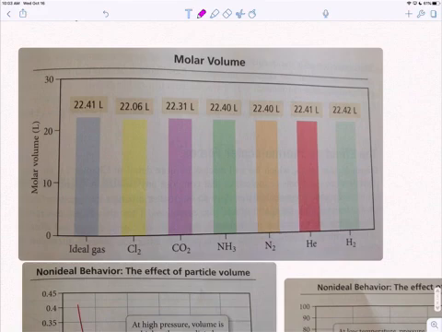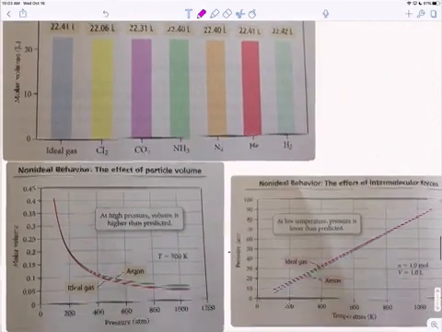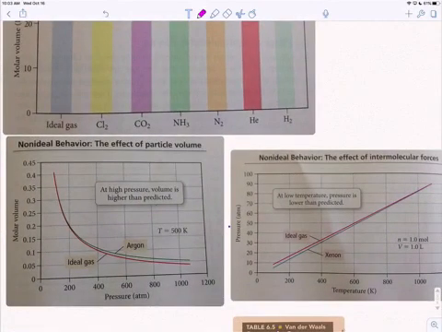High pressure, because the ideal gas law is based off the fact that gases themselves have no volume, but if you're under really, really high pressure, there's a lot of material there, and then the size of the atoms becomes an issue, and that makes the volume a little bit bigger than it should be. And then also cold temperatures. When things move more slowly, they get stickier.